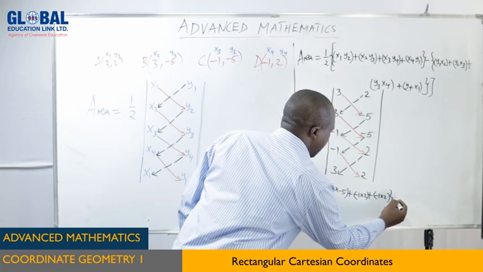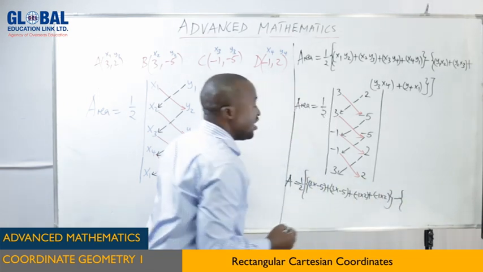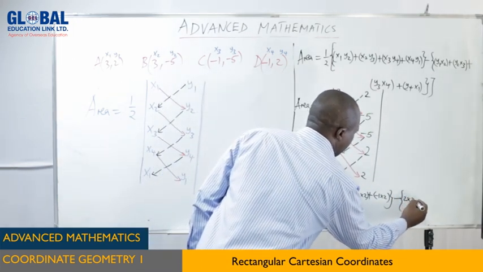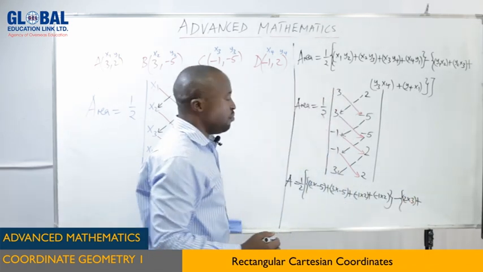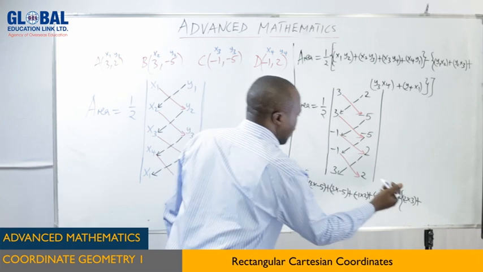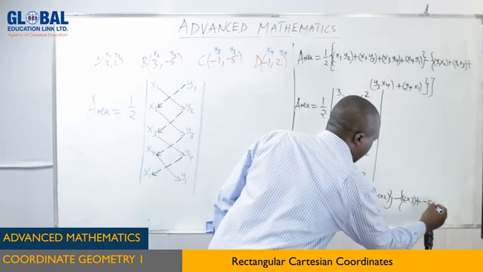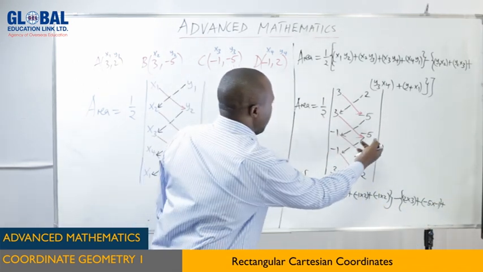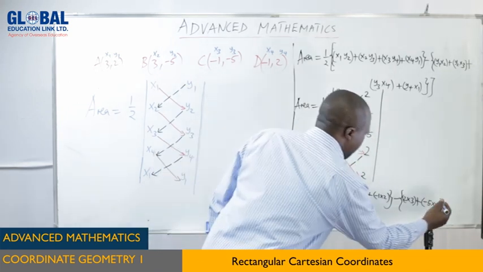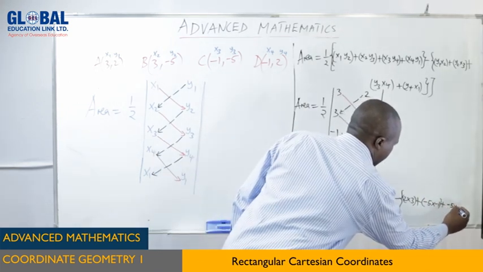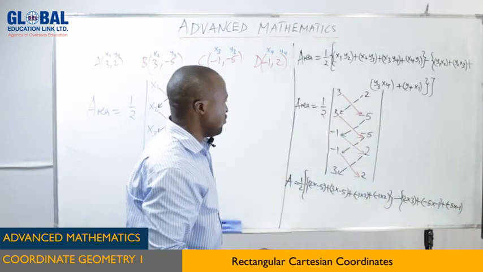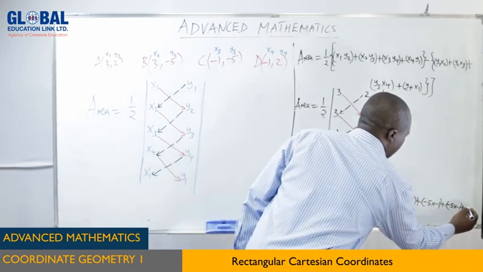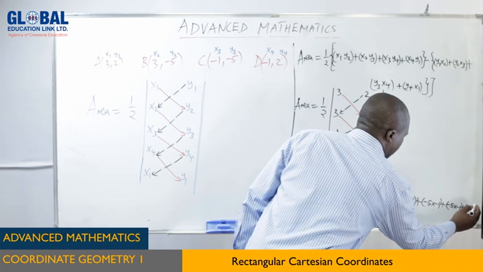So this one we minus the dotted arrows. So the dotted arrows here, we have 2 and 3, plus we have negative 5, negative 1, then negative 5 and negative 1 again. And the last one is 2 times 3.